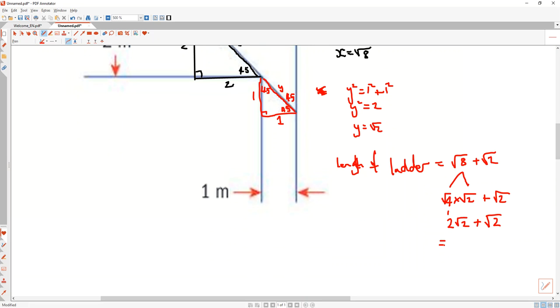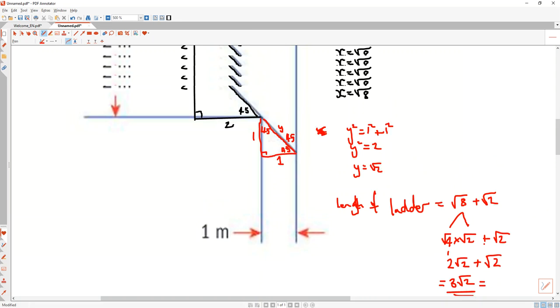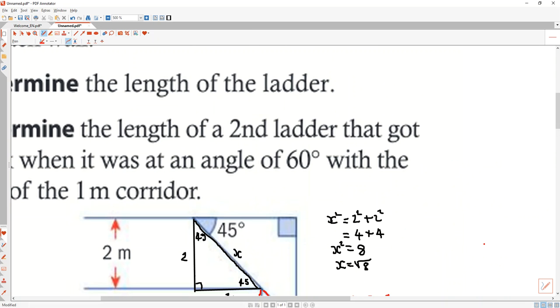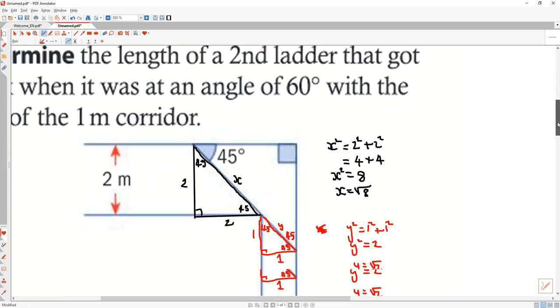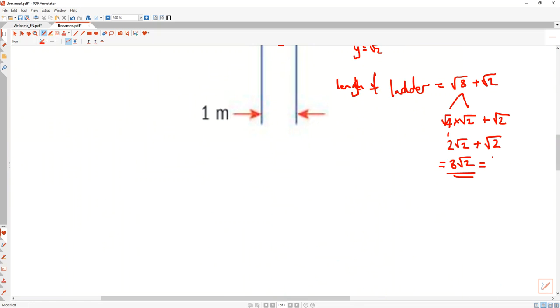So that is the length of the ladder. Put that into your calculator for me and give me it as a decimal. 4.2. And is that to 1 decimal place?